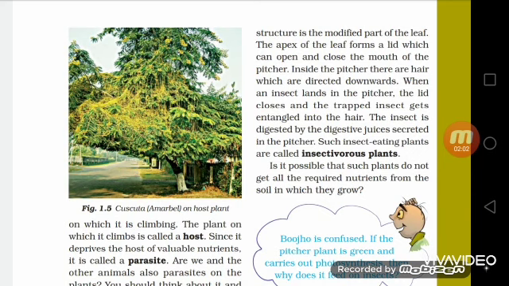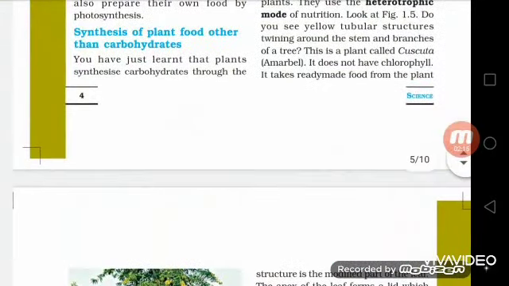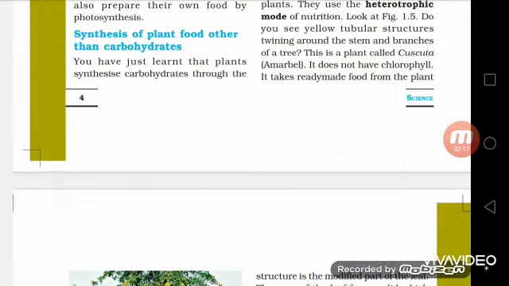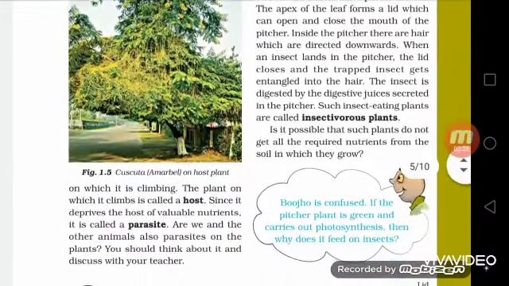So amarbel or cuscuta is known as a parasite, and the tree on which it is bound is known as the host. It is clearly written here, see the last line, it does not have chlorophyll. Who does not have? Cuscuta does not have chlorophyll. It takes ready-made food from the plant on which it climbs. The plant on which it climbs is called the host.